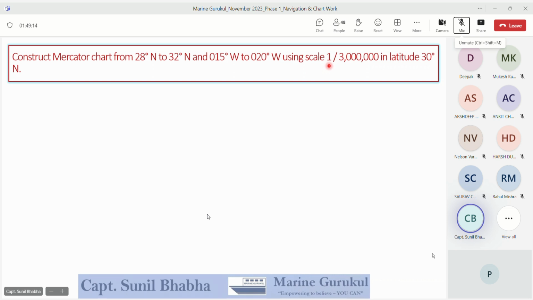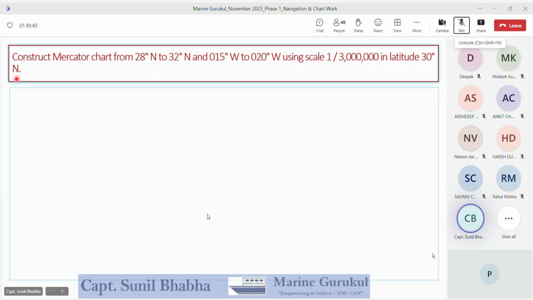Or you can understand it in this way: 3 million centimeters on the Earth's surface will be equal to 1 centimeter on the chart. Now, whenever a scale is given, it will always be referenced to a particular latitude, and in this case, the scale is referenced to 30 degrees north latitude.